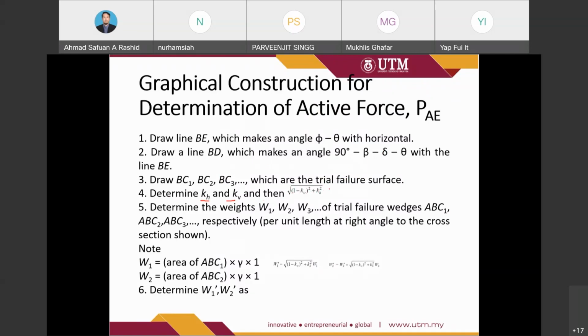This is not related to the diagram, but we should count this value. Why? Later on we may use it to multiply to get the W value, the W prime value.